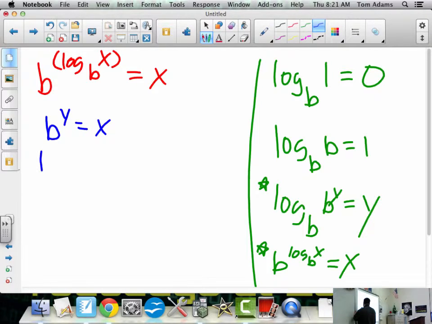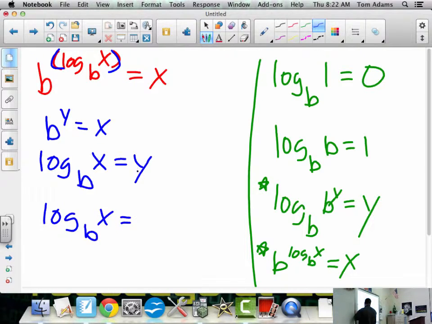And then we also said that log base b to the x equals y, right? So now check this out. What is this? This is my y term right here, right? So what I'm saying is log base b to the x is equal to y, which is equal to this.